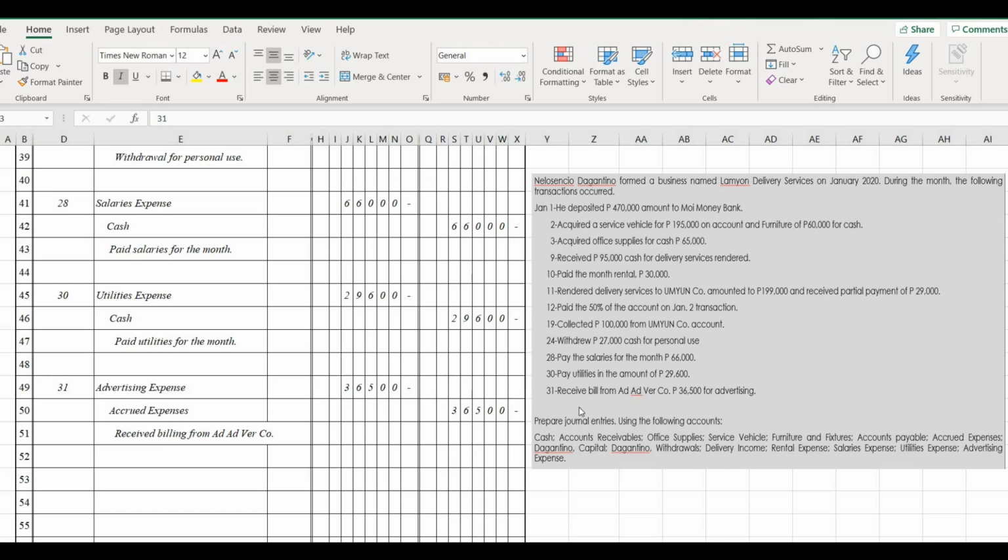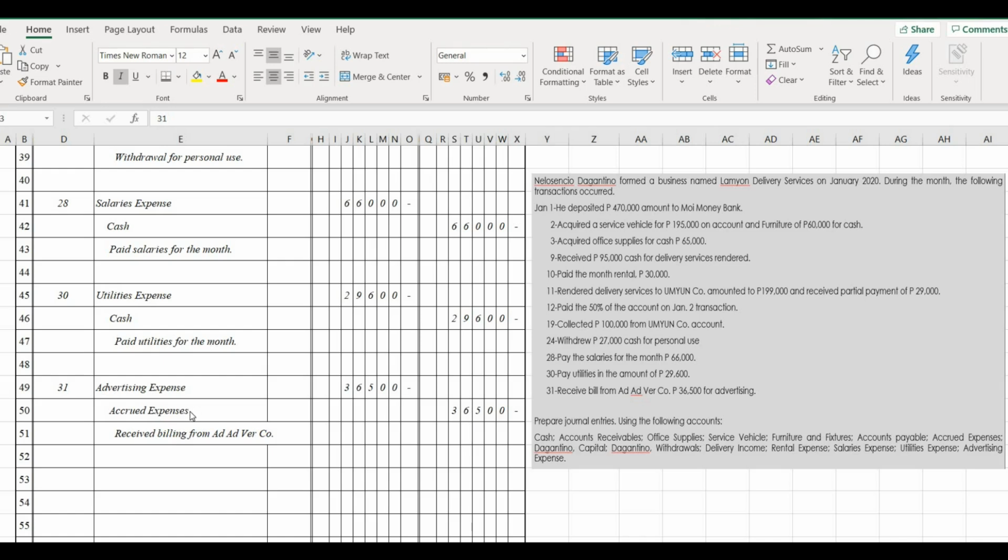So the last transaction is received bill from Adverb Company amounting to 36,500 for advertising. So what you have to do is record first the advertising expense, that's a debit, 36,500, and credit accrued expenses, 36,500.